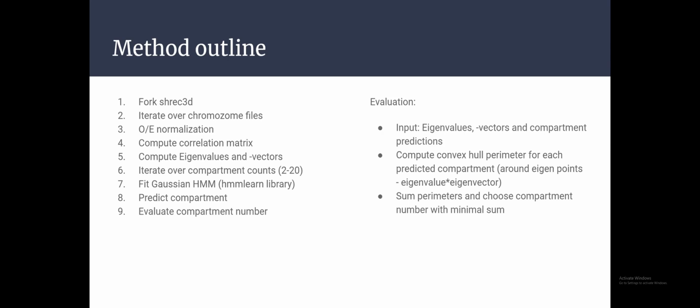Then we sum the perimeters of the different clusters, and the lower the resulting sum is, the better we say that our clustering is, because when the perimeter sum is low, it means the clusters are more dense than when it's high. From this score, we choose the quote unquote optimal compartment number for each chromosome.